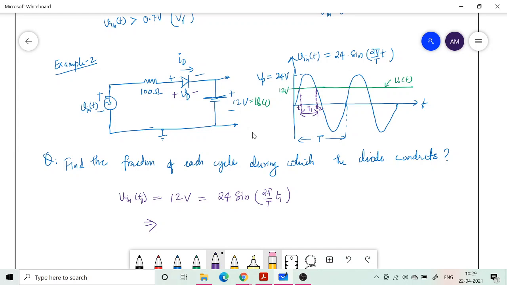Now this is basically an angle, so let's call it theta. Sine theta is equal to half, right? If I take 24 to the other side, it is 12 by 24, which is half. So what is the value of theta? Can somebody tell me?